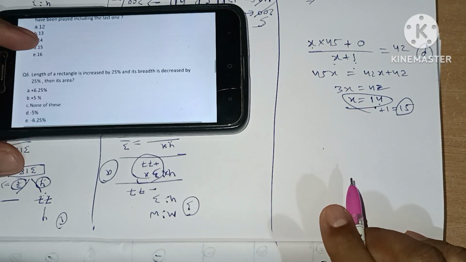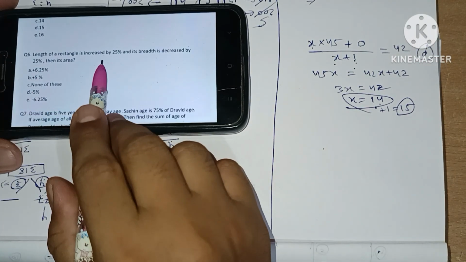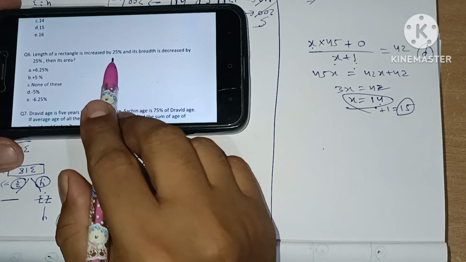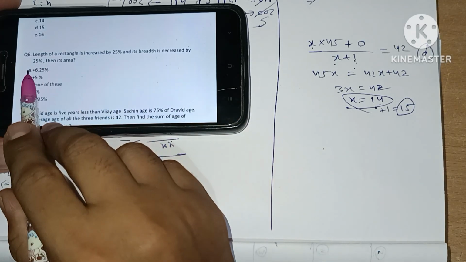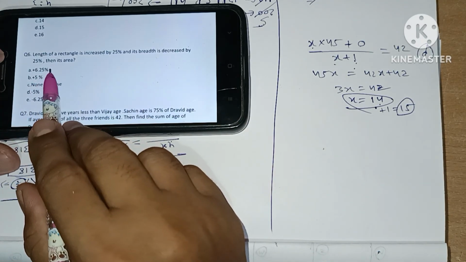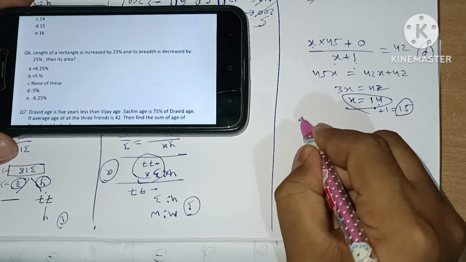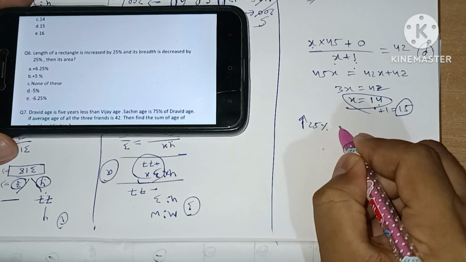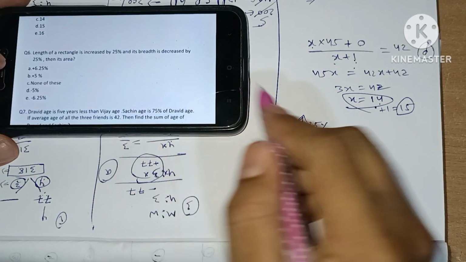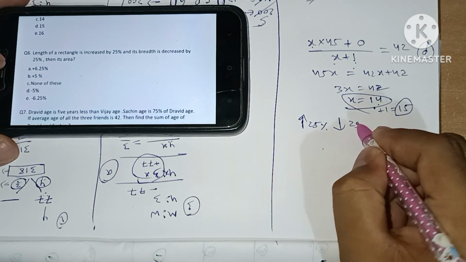Next, sixth question. The length of a rectangle is increased by 25% and its breadth is decreased by 25%. Then its area? For this type of question, the length is increased by 25% and the breadth is decreased by 25%.